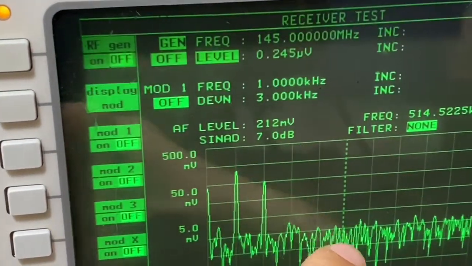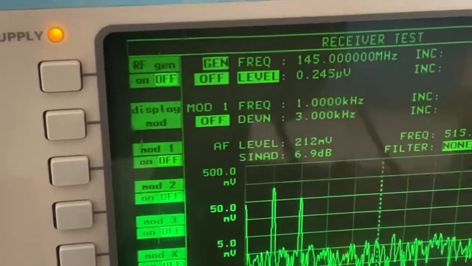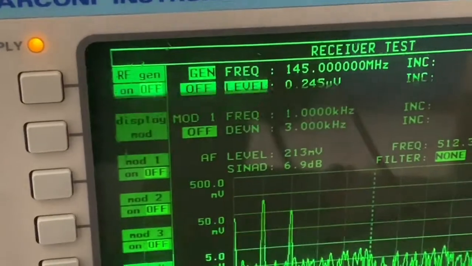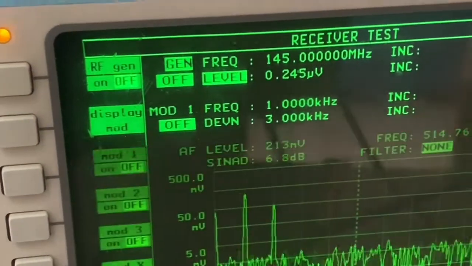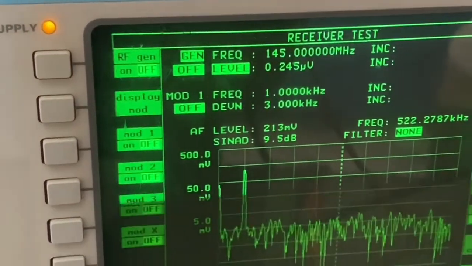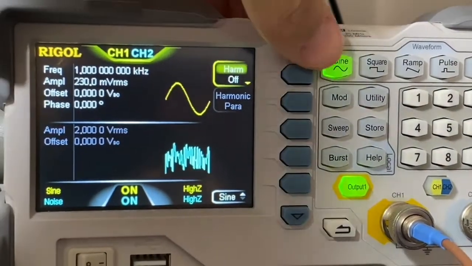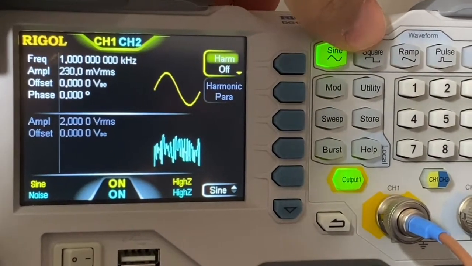And I could do that with other harmonics. In fact, I could go to a square wave at 1 kilohertz, which basically has a content of infinite harmonics.